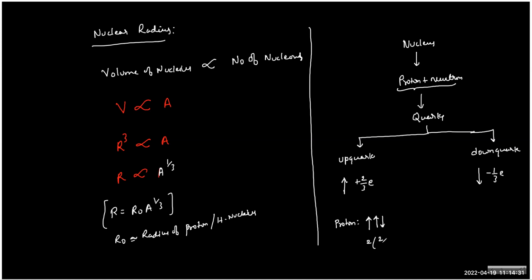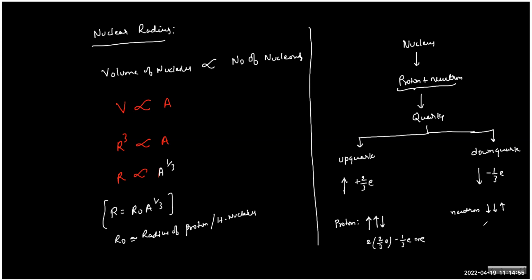2 times 2 by 3e minus 1 by 3e will give you e plus e. So we know that proton is a positively charged particle. And the neutron is basically made of two down quarks and one up quark.